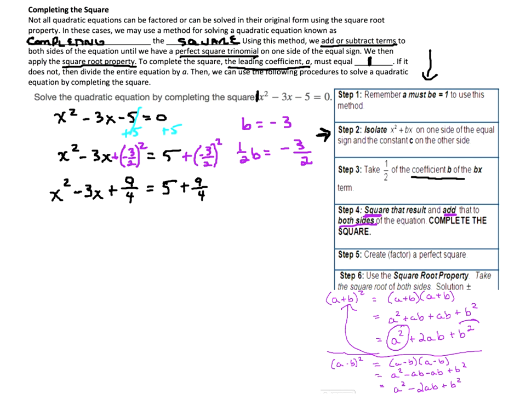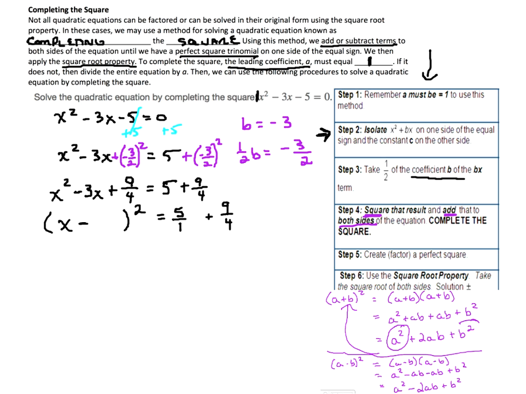So I can go ahead and put x minus and then squared. And 5 plus 9, we'll worry about this fraction-y math in a second. I'll do 5 over 1 plus 9 over 4, and we'll get ready to combine those fractions on the other side here in a moment.